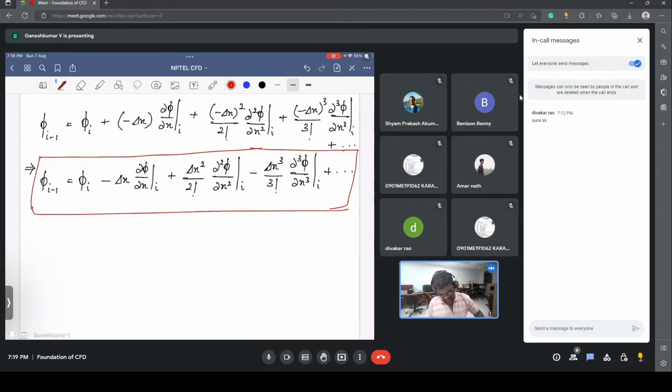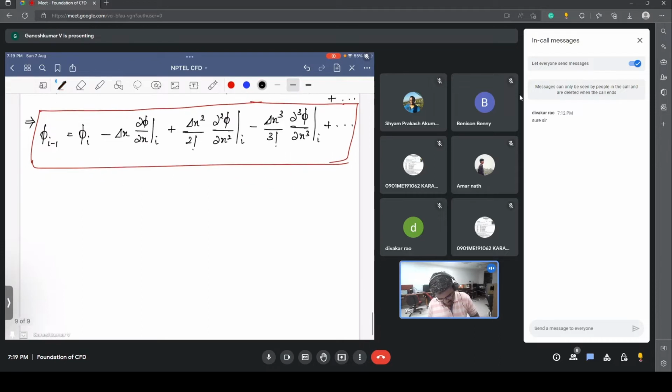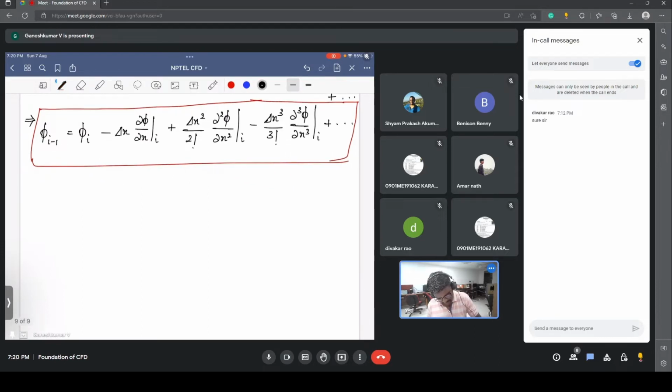So similarly, if we apply this at x is equal to xi minus 2, can you guys guess what would be the answer?